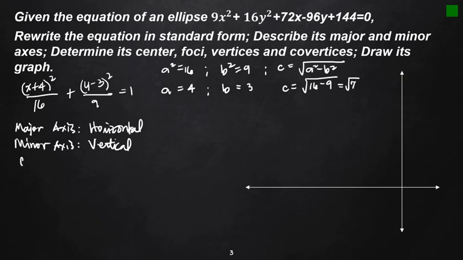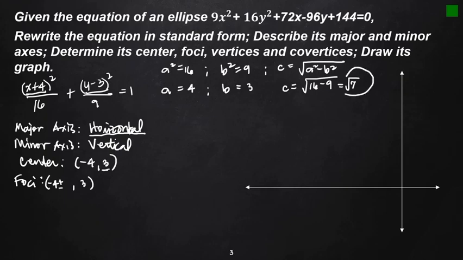Okay, now let's proceed to finding the center of our ellipse. Given this and this one, the center would be at negative 4, 3. Now let's proceed to finding the foci of our ellipse. Since the major axis is horizontal, its y-coordinate would be the same as the center, so it's going to be 3, and its x-coordinate would be the same as the center, but we have to add and subtract our c value, which is the square root of 7.